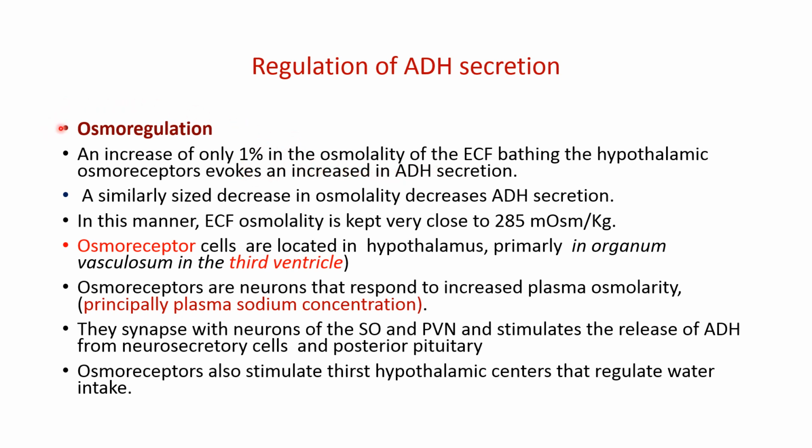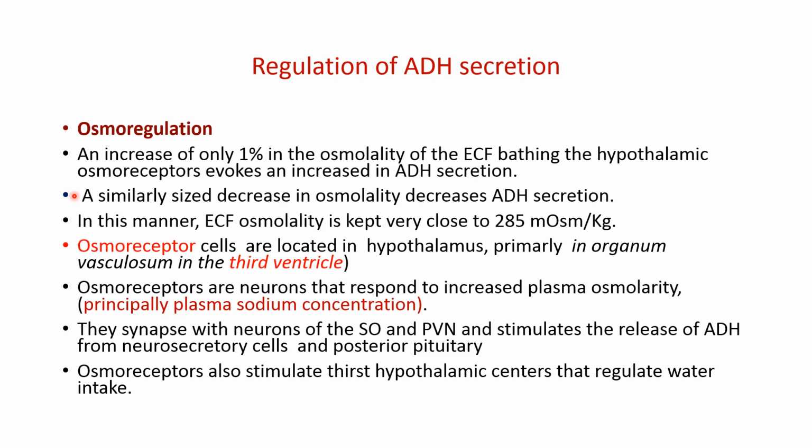This pattern of regulation, we can call it osmoregulation, because the change occurs as a result of change in the plasma or ECF osmolarity. And if there is also a decrease at times, if we are overhydrated, the plasma osmolarity will decrease, and this will also decrease the secretion of ADH through these osmoreceptors.